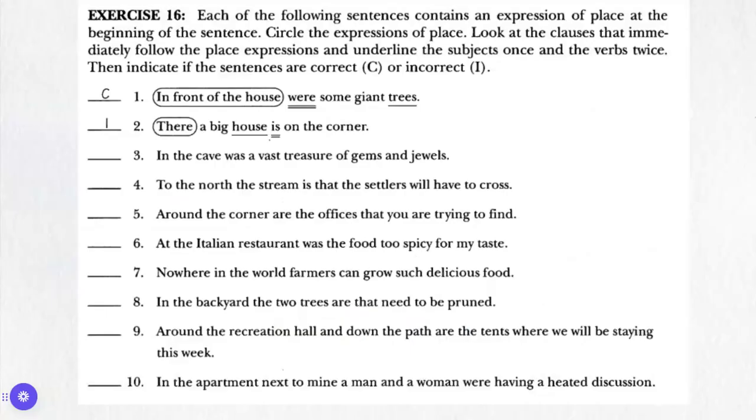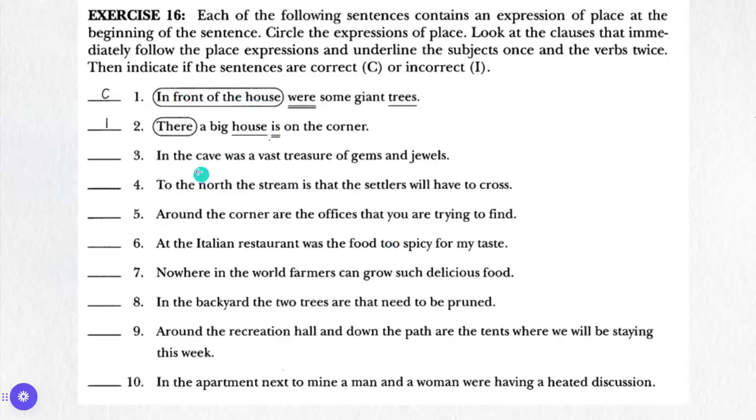In this exercise, you need to identify if the sentences are correct or incorrect, focusing on place expression subject verb inversion. Like number one, it says, in front of the house were some giant trees. This is a correct sentence because in front of the house is a necessary part of the sentence.